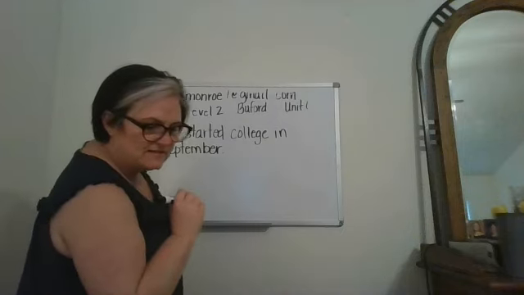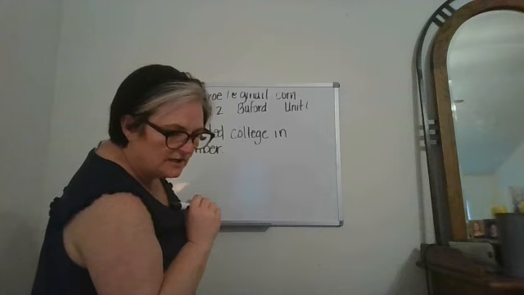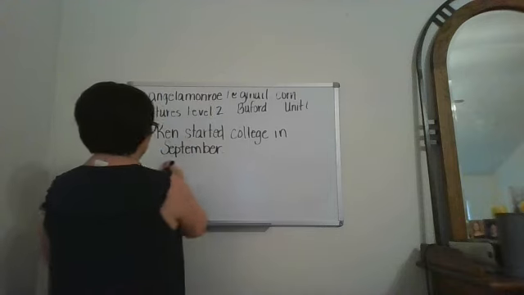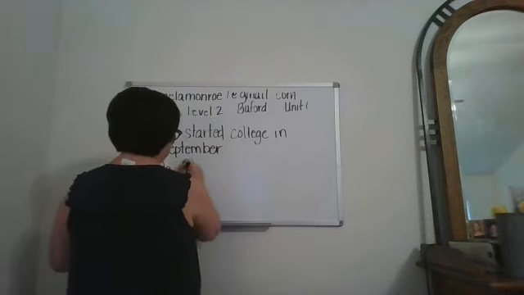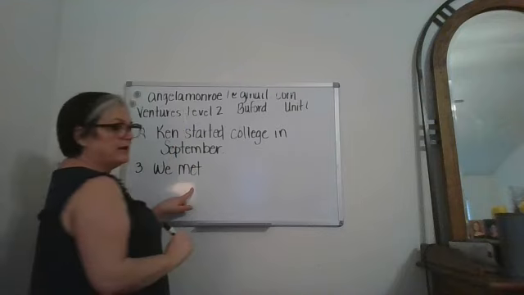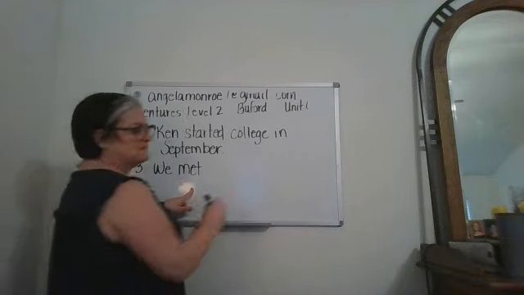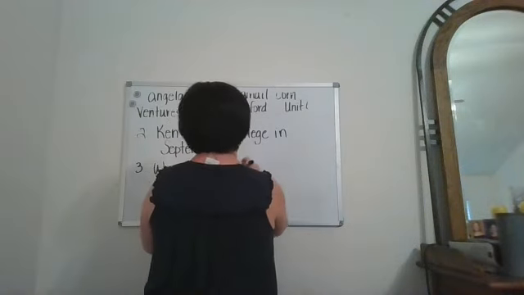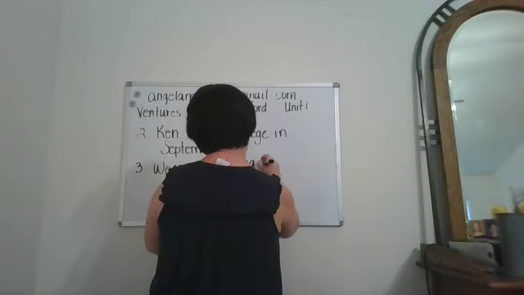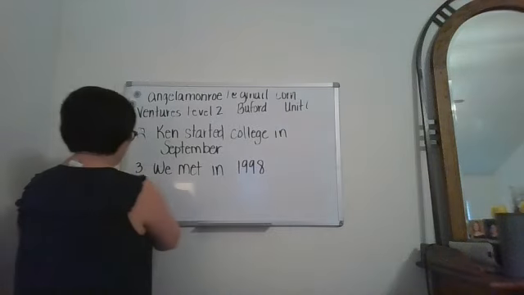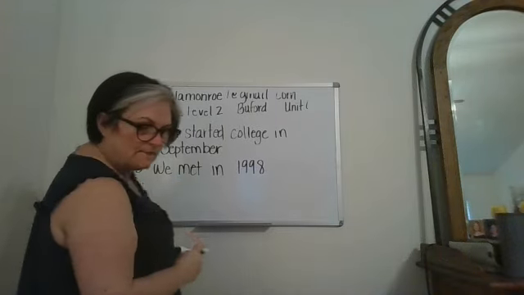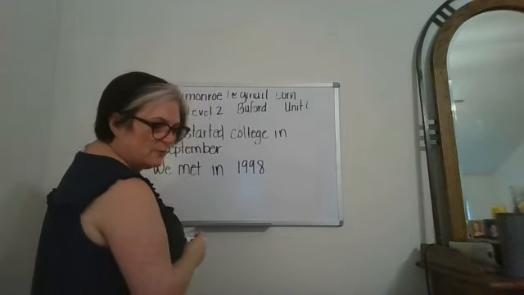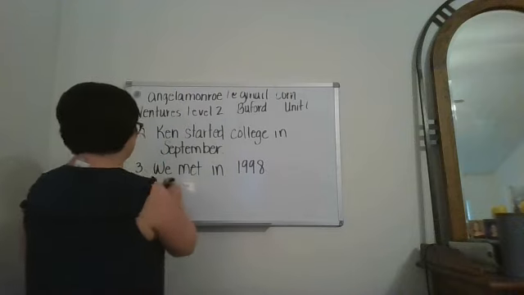And the third one says, when did you and your husband meet? We met. There's our irregular verb in the past tense. In 1998. And number 4, when did you get married?